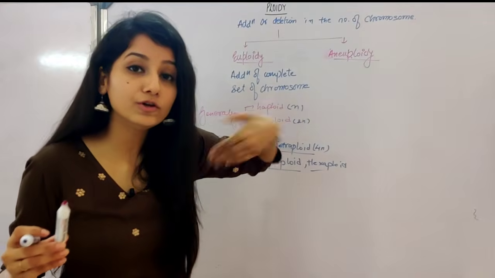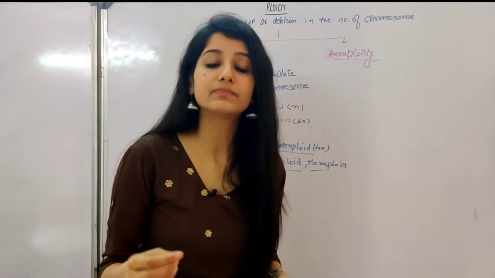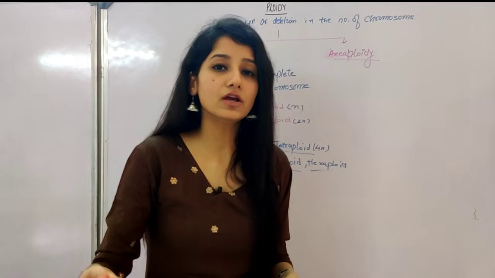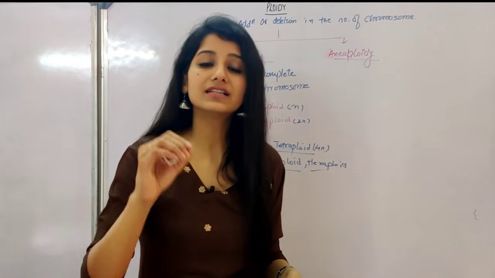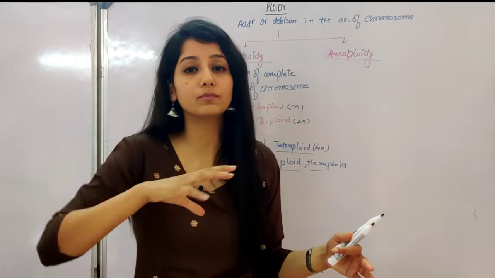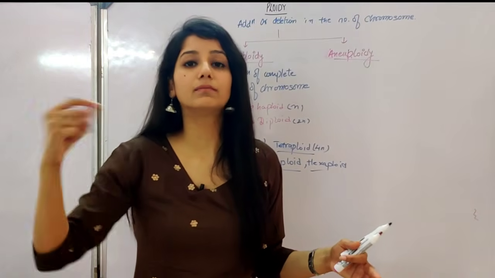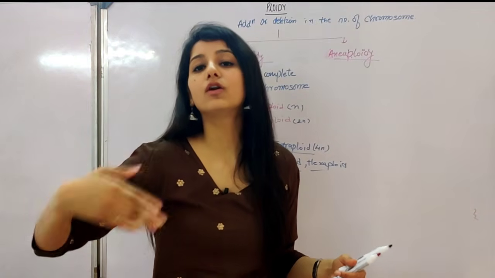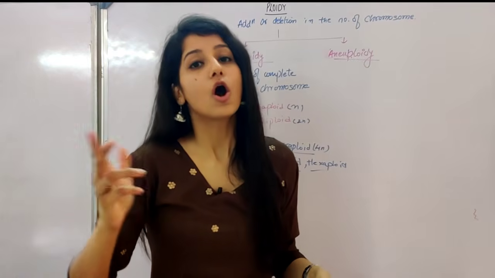What happens in aneuploidy is that 1 or 2 or 3 chromosomes are added or deleted. There is a certain number of chromosomes, not a whole set, that will be added or deleted. Not a total set of chromosomes will be added, but only 1 or 2 or 3 or 4 chromosomes will be added or deleted.